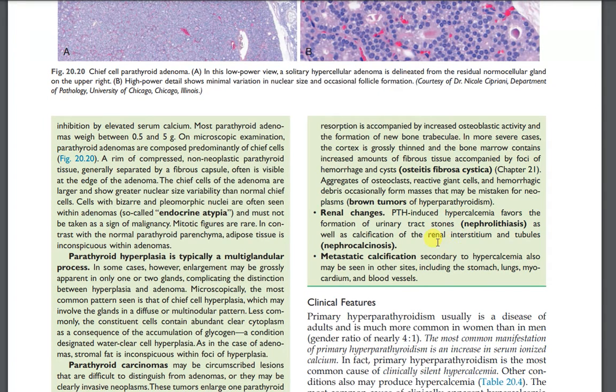The interstitium of the kidney can also be calcified, known as nephrocalcinosis, but it's not only for the kidney. As shown here, metastatic calcification is secondary to hypercalcemia, which can happen in every parenchymal and even non-parenchymal organ of the body. Everywhere we have a site where calcium can potentially be deposited, it causes calcification.